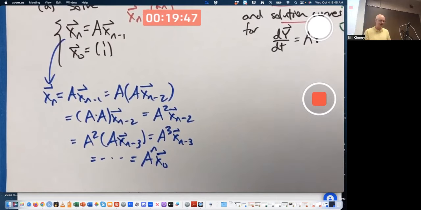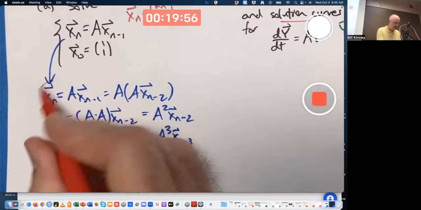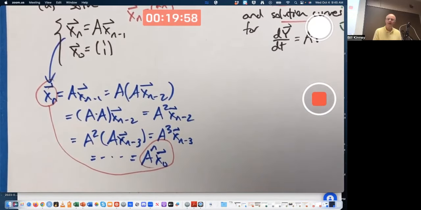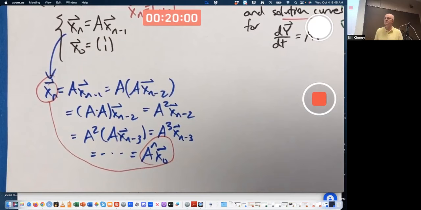But this does beg a question. How do you find A to the nth power? This is definitely true and relatively easy to see here in the abstract. But how do we find A to the nth power? For a general matrix, it's a pretty hard thing, actually. That's one of our main topics in about lectures 20 through 26 or so.